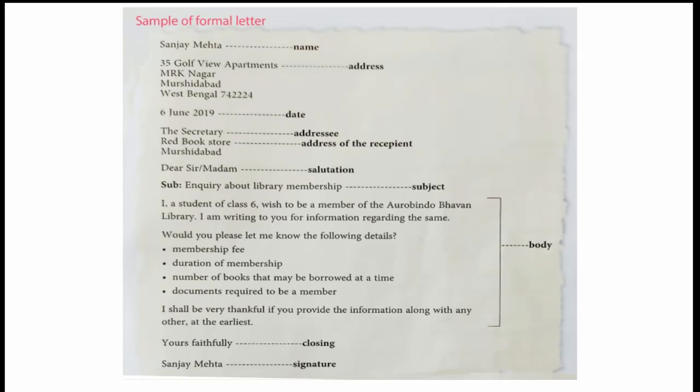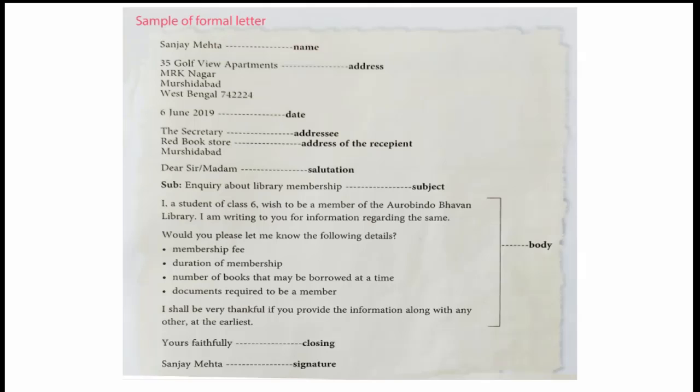Sample of formal letter, in which you will see that first of all you have to mention your name, then followed by address. After that, mention the date. Then you mention to whom you are writing the letter, that means addressee with the address. Then salutation you mention, and after that you mention the subject.